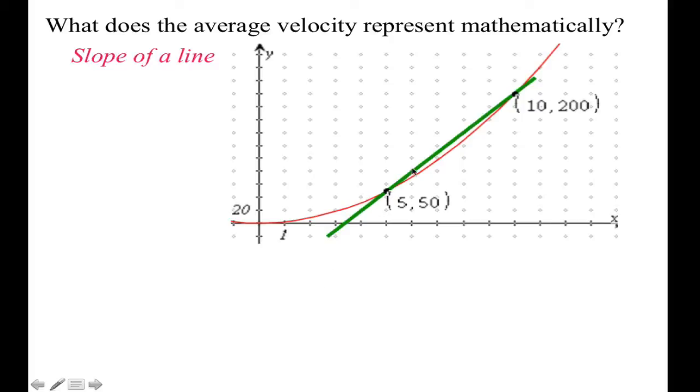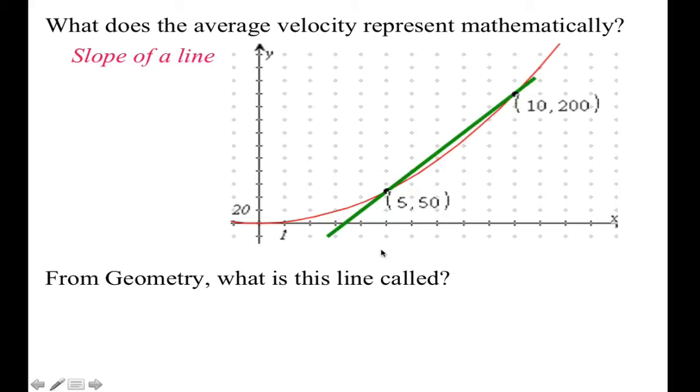And like I mentioned earlier, the average velocity represents the slope of this line. And from geometry, does anyone remember what this type of a line is called? Usually it was when you had a circle, but we're actually going to be talking about it in terms of a curve. So we actually call this line a secant line.